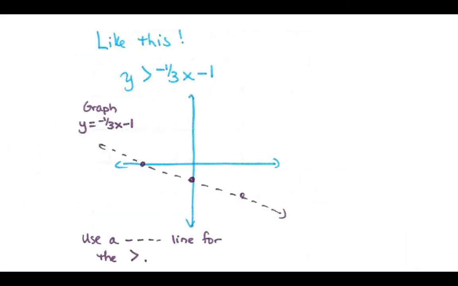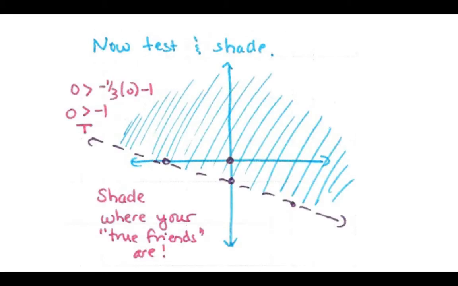And we do it like this. So when we go to graph our line, rather than connecting the dots solid, we connect the dots with a dotted or dashed line. That's how we show that it's like an open line because it has holes. It's open. You could walk right through it. So we use an open line.